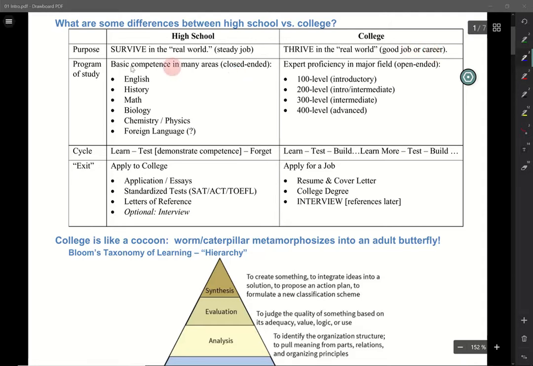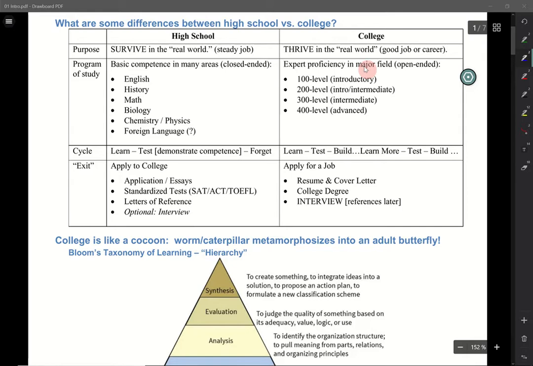Okay, and what do you do in high school? In order to survive in the real world, you have to have basic competence in several areas. So you take these classes, and they are pretty much at a very basic level. In college, on the other hand, you do have some general requirements, but the new twist is that you have some kind of a major field.